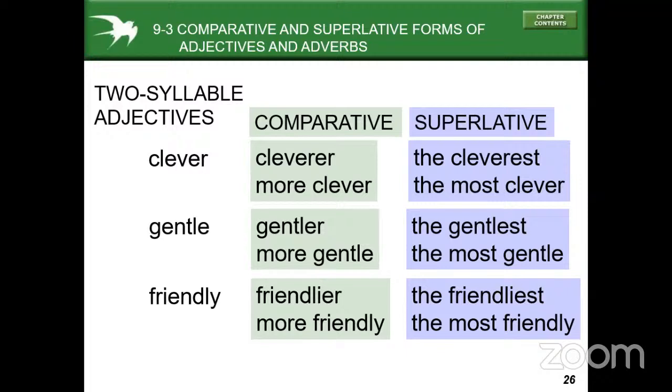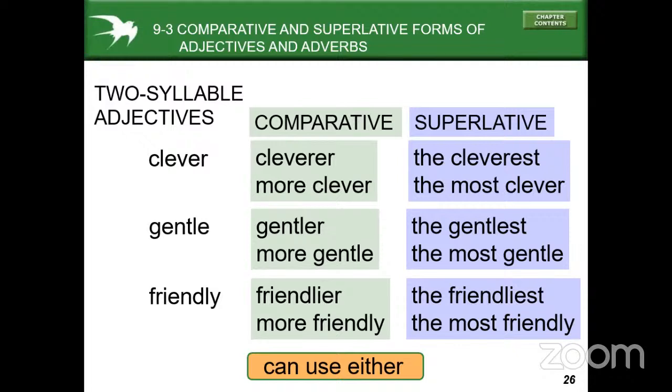Friendlier, more friendly, it's possible to use in both cases. But just in case, if you find cleverer, it is not incorrect, it is possible. Definitely, we can use it. It's not a mistake. If you find gentler, the same. You have to consider it's not incorrect. It is correct, and it's possible to use in that way.